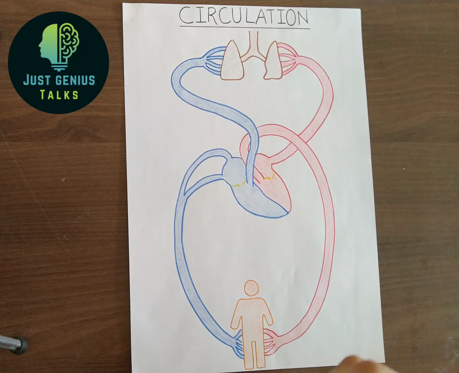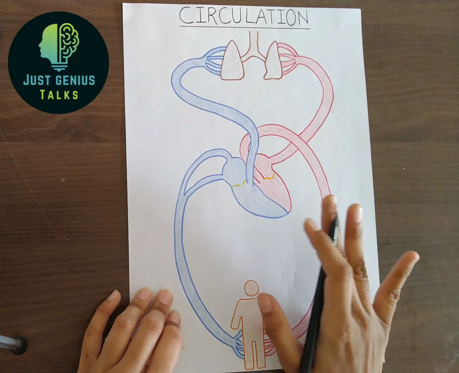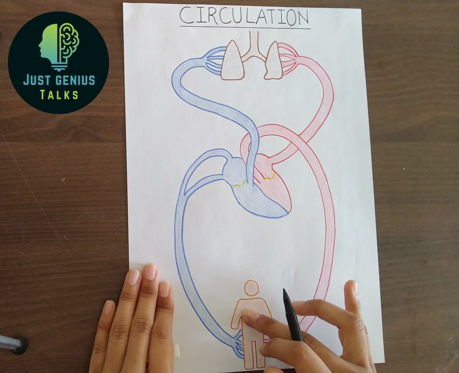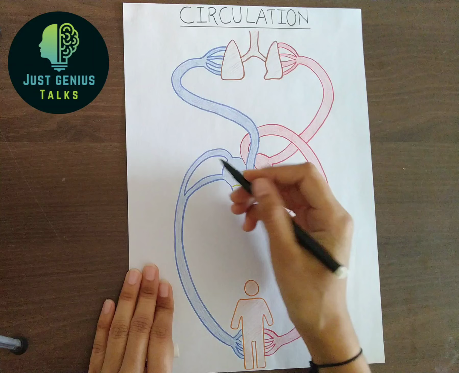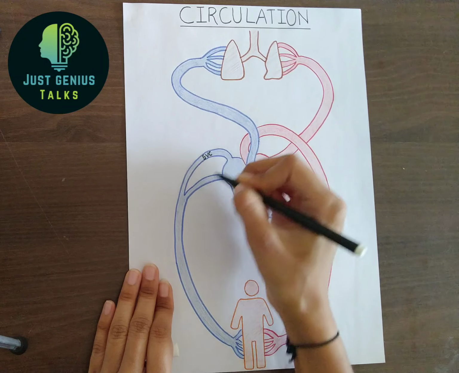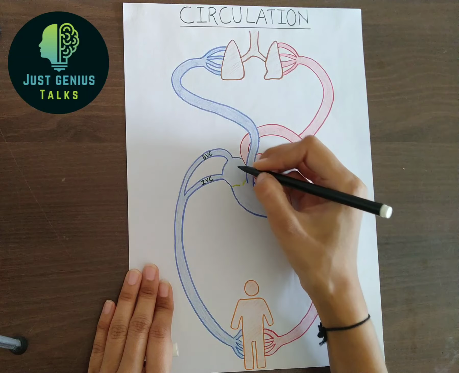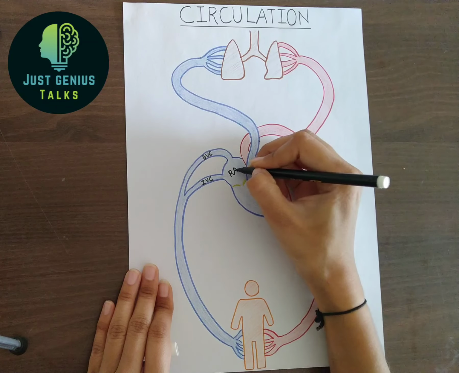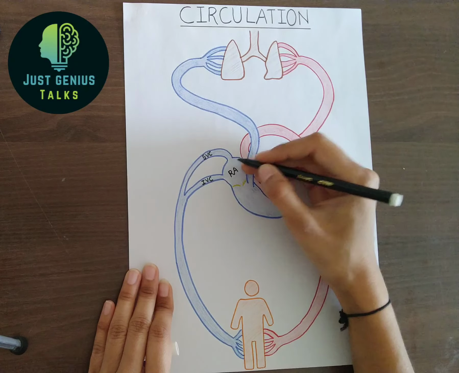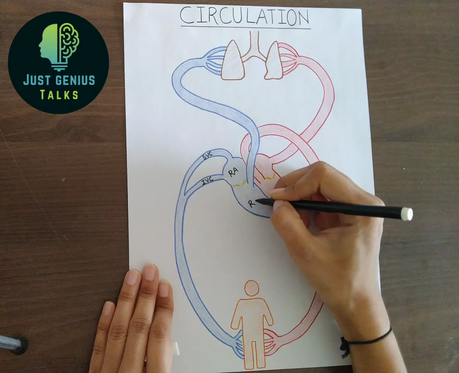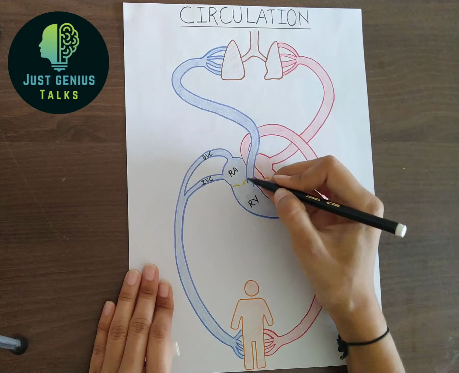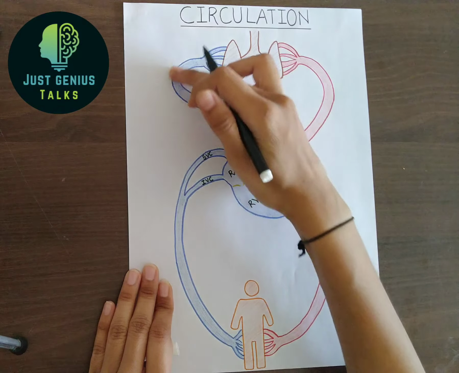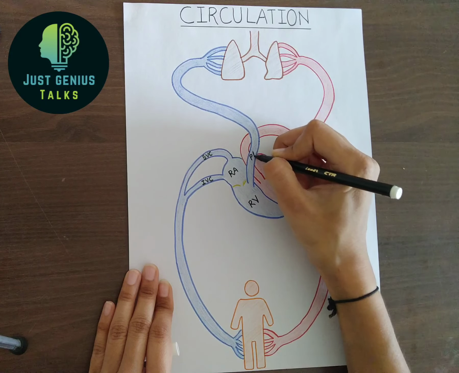Now we are going to start the circulation of the blood in the whole body. From the whole body, the deoxygenated blood enters the right atrium through the superior vena cava and inferior vena cava. From the right atrium, it enters the right ventricle, and from the right ventricle it enters the pulmonary artery.